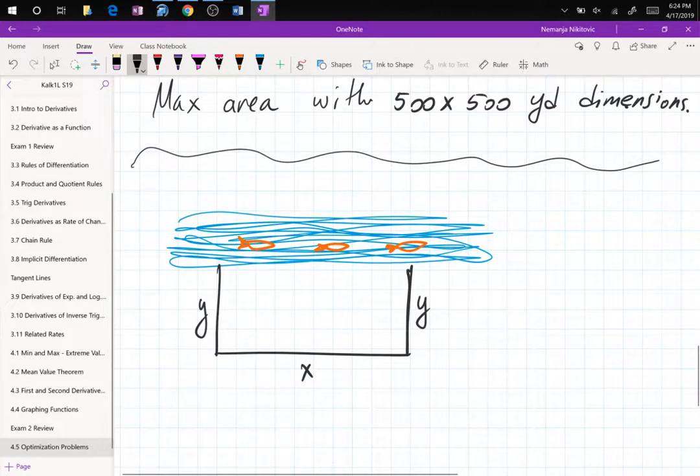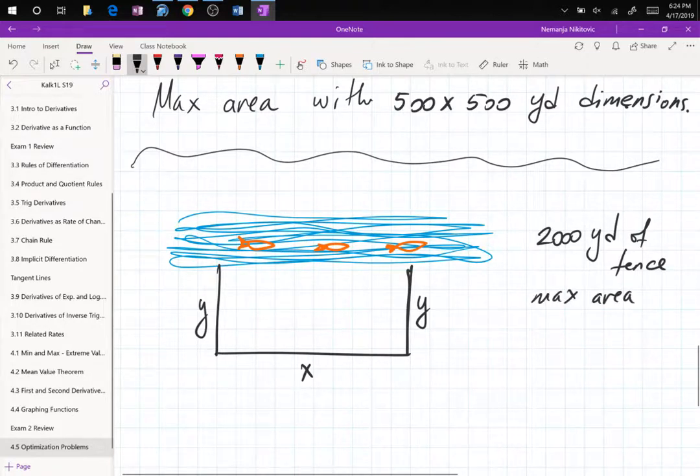I still have 2,000 yards of fence. What's the max area that you can fence off?